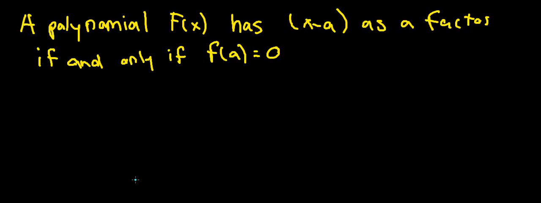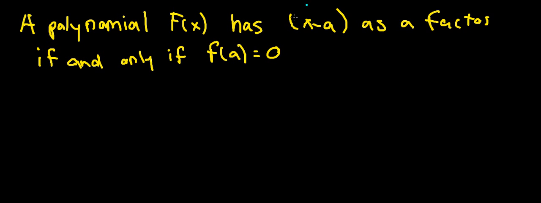The factor theorem says a polynomial f of x has x minus a as a factor if and only if f of a is equal to 0. This theorem is very similar to the remainder theorem.